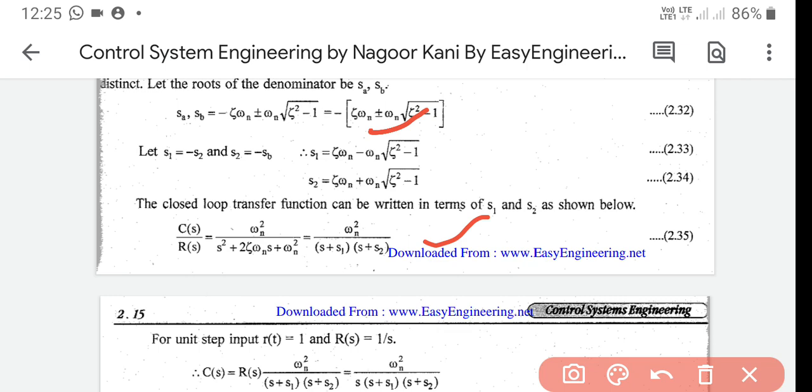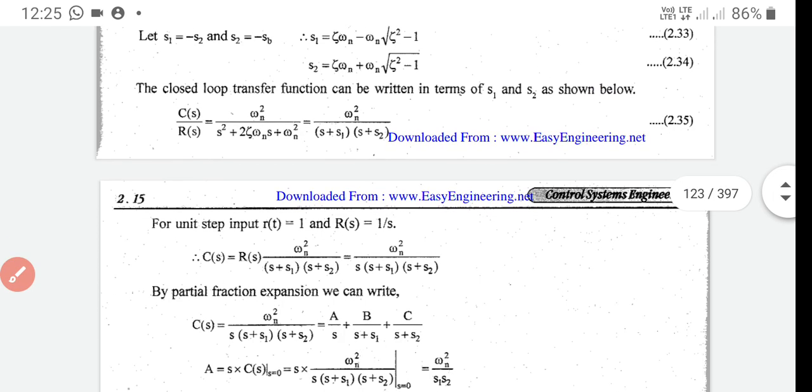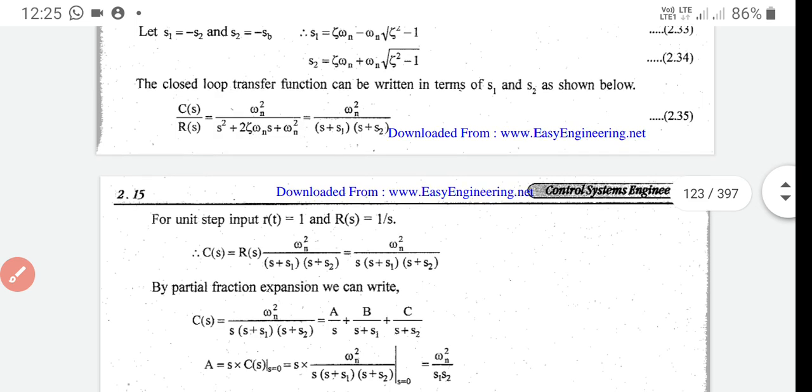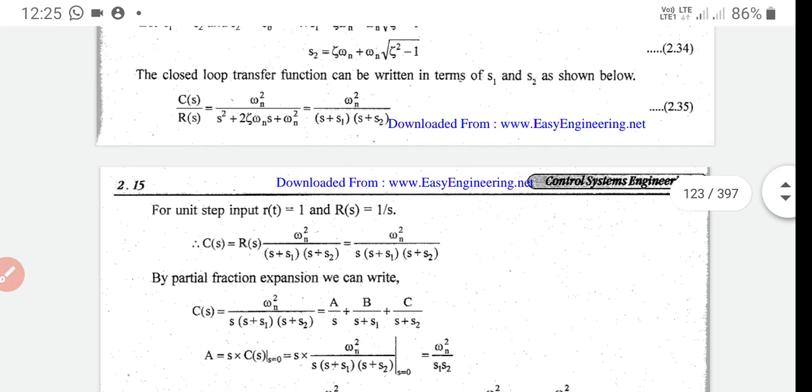Here s1 and s2 are the roots, which are very complex, so you are representing the roots as s1 and s2. And after that, now apply the step input. Step input is nothing but R of s is equal to 1 by s.